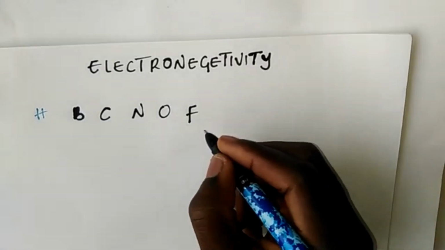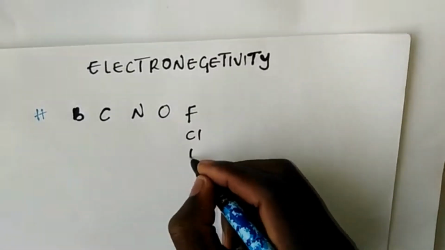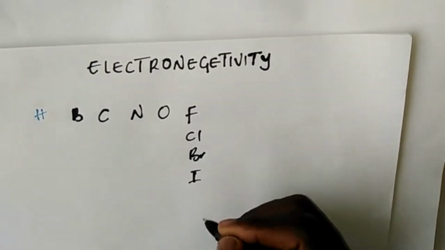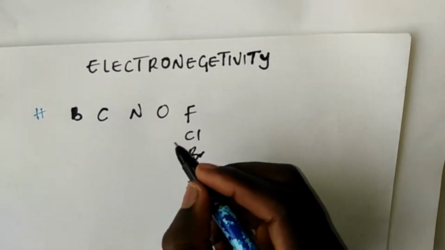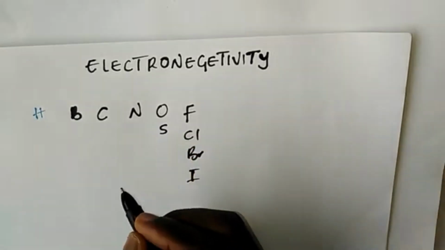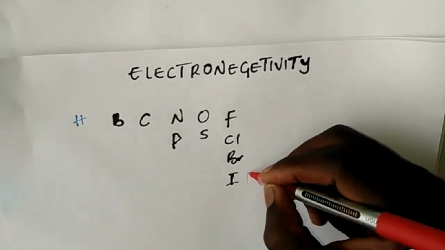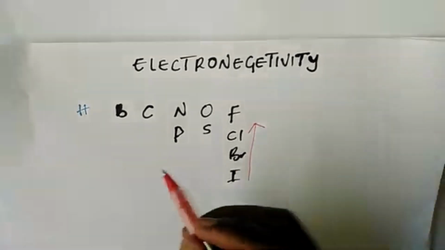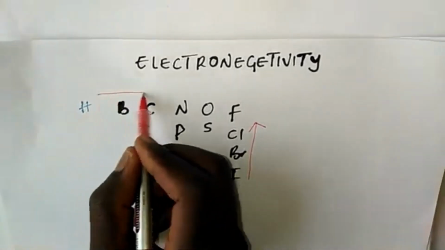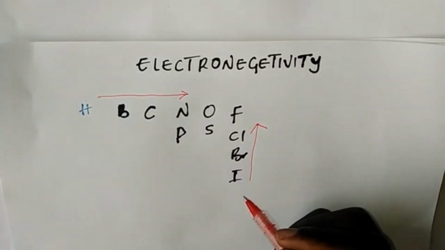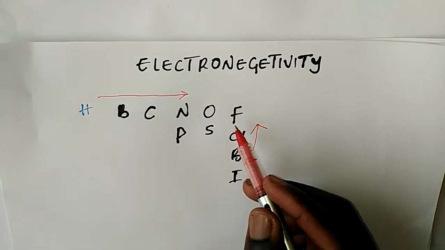Then we have chlorine, bromine, iodine, sulfur, and phosphorus. Electronegativity increases up the group and also increases towards the right. So therefore, fluorine is the most electronegative element.